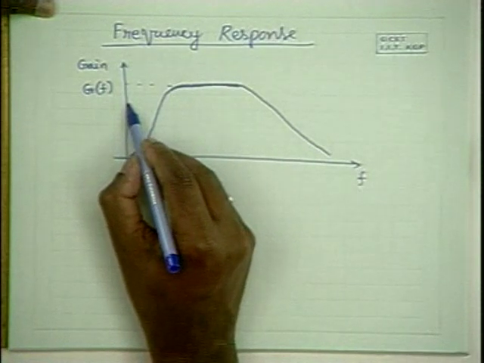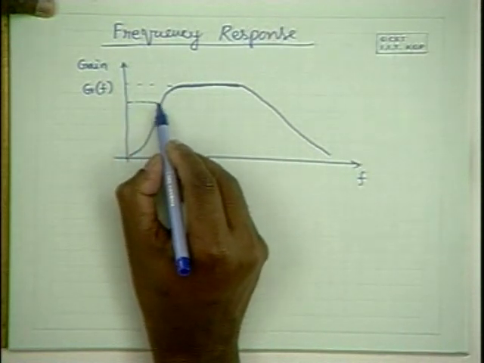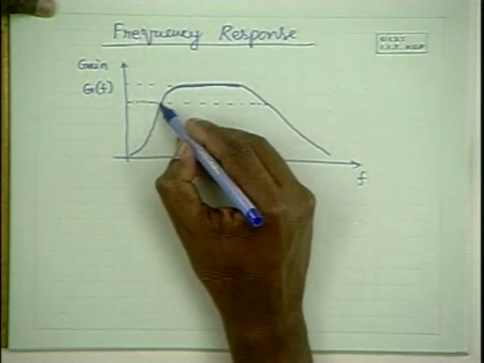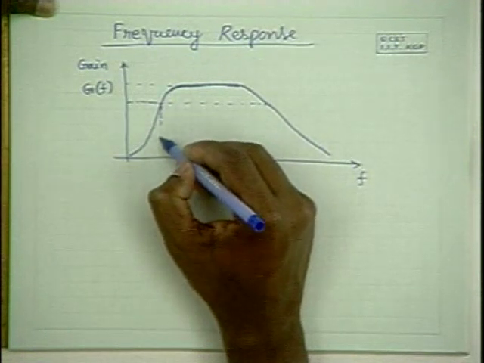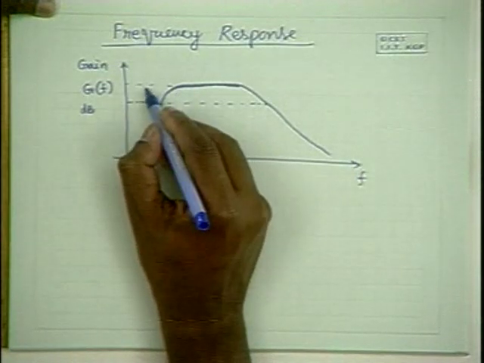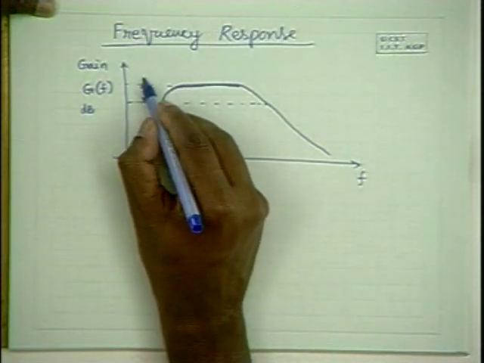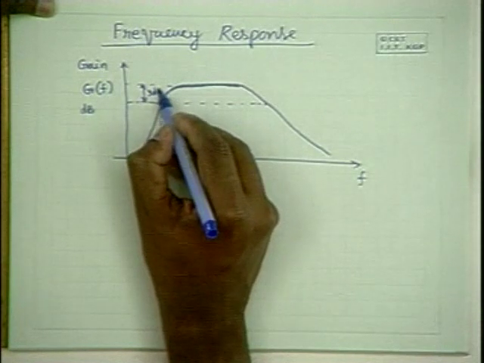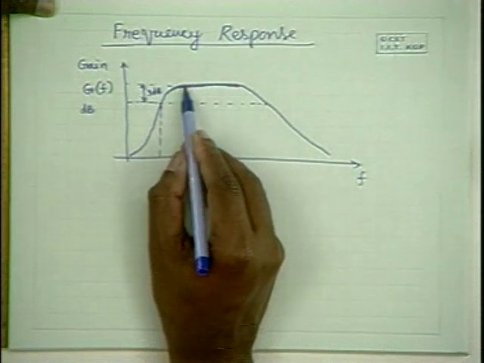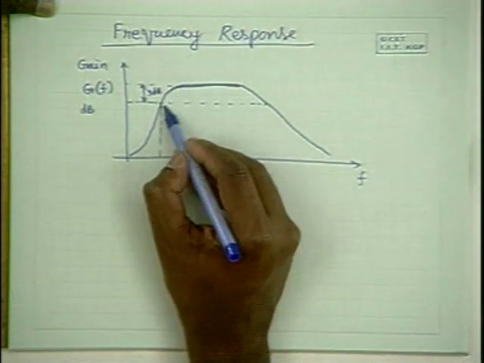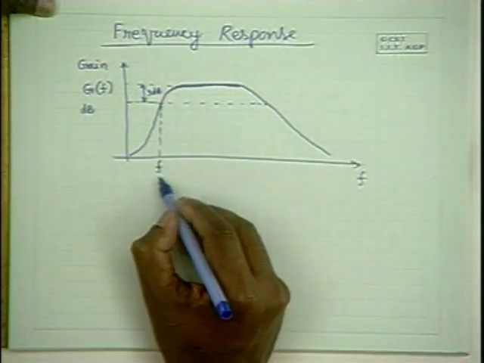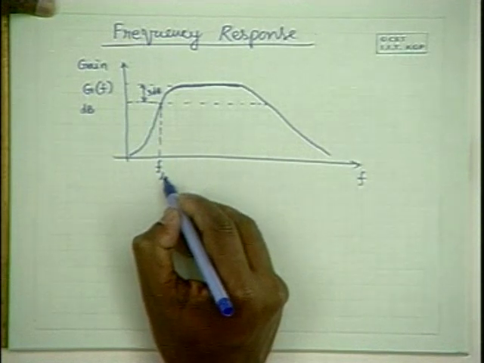So as you know already, we measure the bandwidth of an amplifier by considering the 3 dB points when the gain is plotted on the dB scale. The frequency at which the gain is 3 dB below the maximum gain on the lower side is called the lower cutoff frequency, FL.